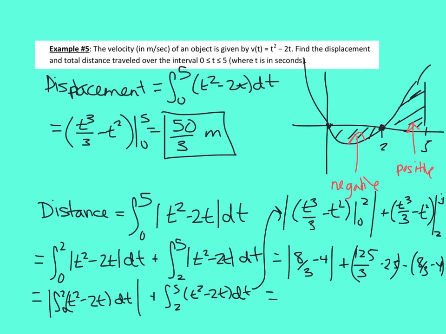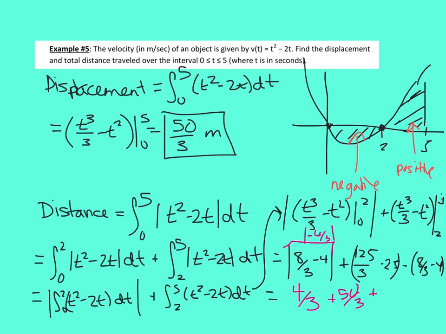I'm going to let you calculate all of that on your own. I will tell you that for this little piece right here, you do get negative 4/3 in there, so you're going to end up making that positive 4/3. I'll write out the next few steps. Then you get 50 plus 50 over 3.